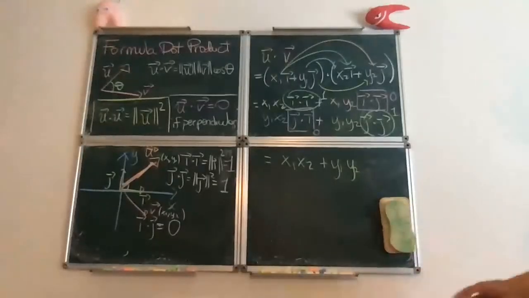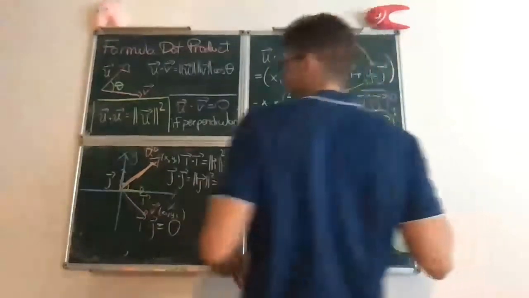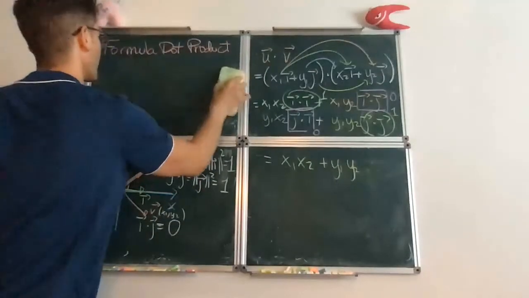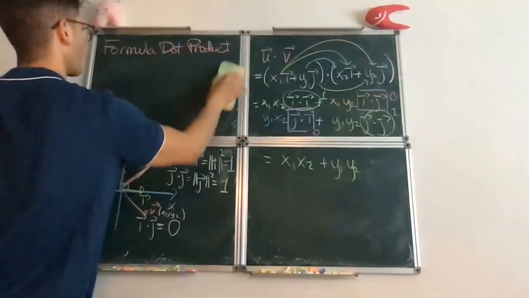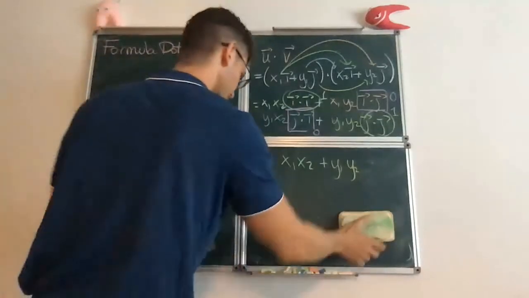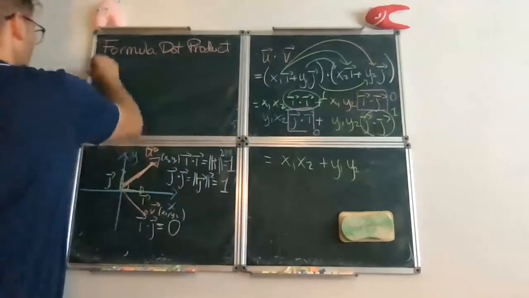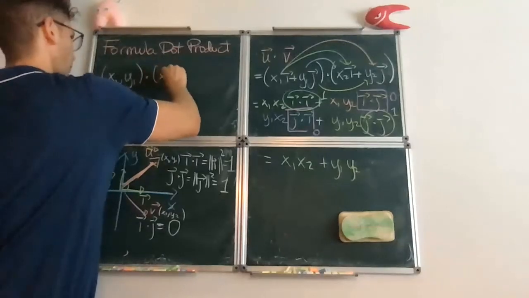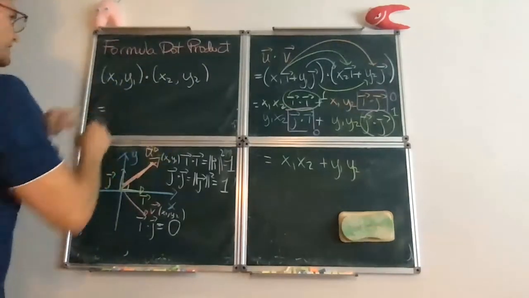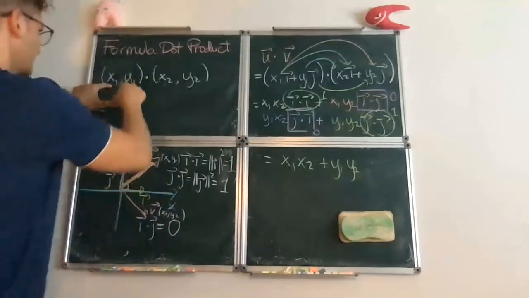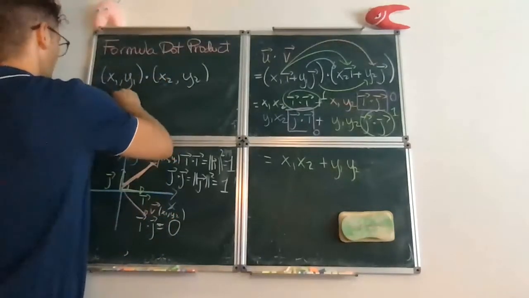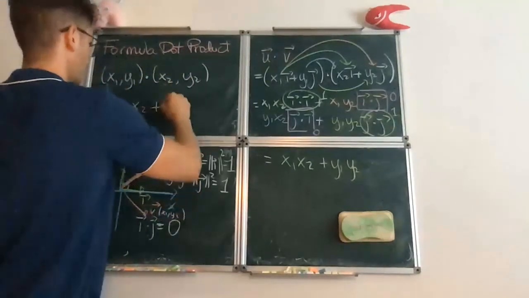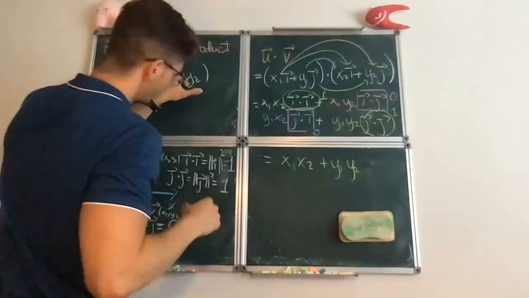Okay, so the big summary of all of this, let me write it separately, is that if you do a dot product between x1, y1 and x2, y2, then that's the same as multiplying the corresponding entries: the first entry of the first vector with the first entry of the second vector, plus the second entry of the first vector with the second entry of the second vector.